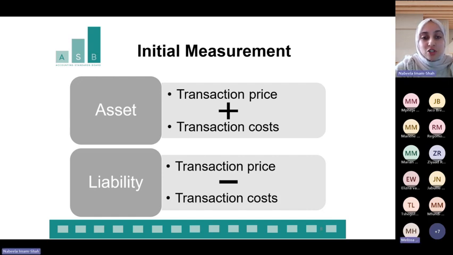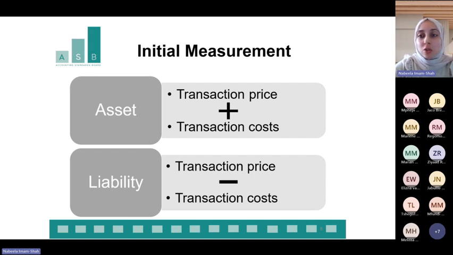Moving on to initial measurement. Now, what does the IPSAS-B's conceptual framework say about initial measurement? For an asset, initial measurement is at the transaction price plus transaction costs. For a liability, initial measurement is at the transaction price minus transaction costs.